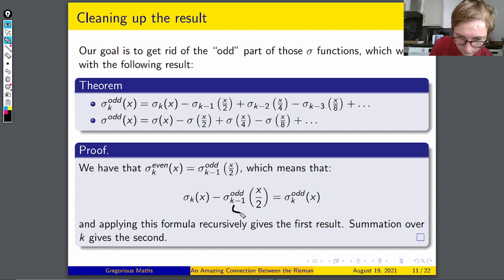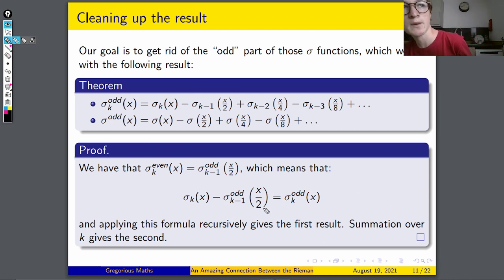So this right here is equal to sigma k minus 1 of x over 2 minus sigma k minus 2 odd of x over 4. So basically this is a recursive definition, if you see what I mean. And then, of course, you can plug it in again for sigma k minus 2 odd of x over 4, and so on, and you'll get the first result. The second one is just obtained by summing over all of the k's.